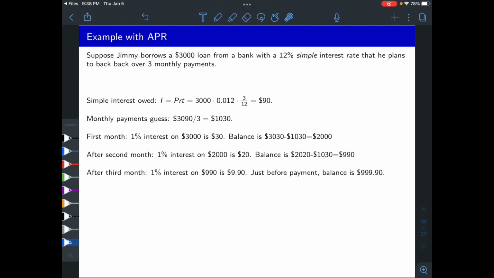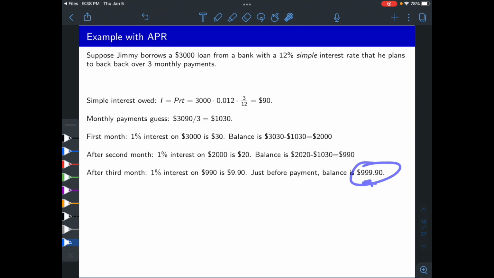On the third month, before he makes the payment, 1% interest on the $990 is $9.90. So just before he goes to make that payment, the balance is $999.90.